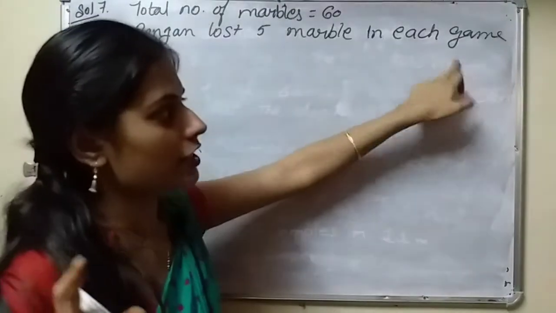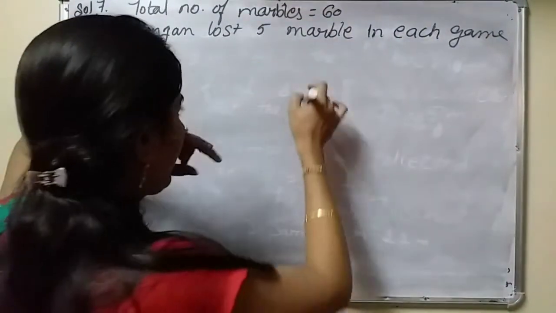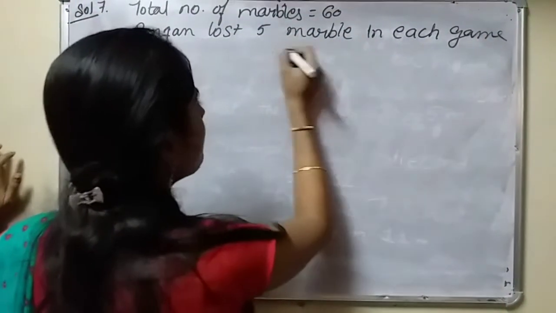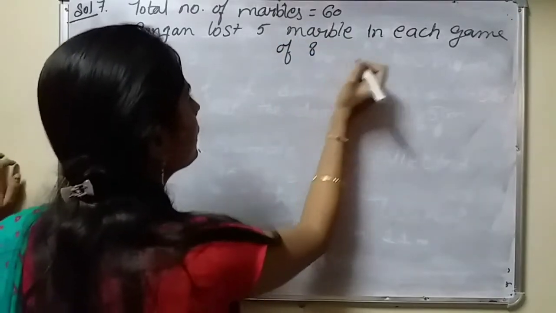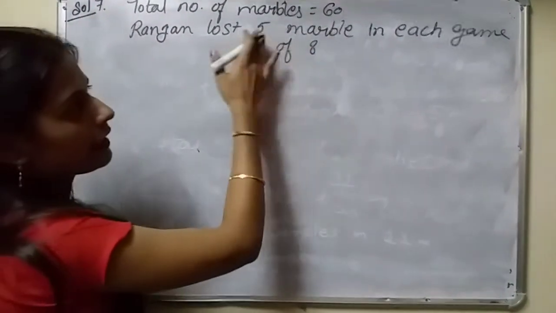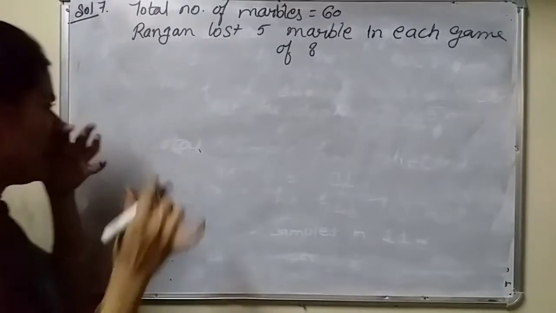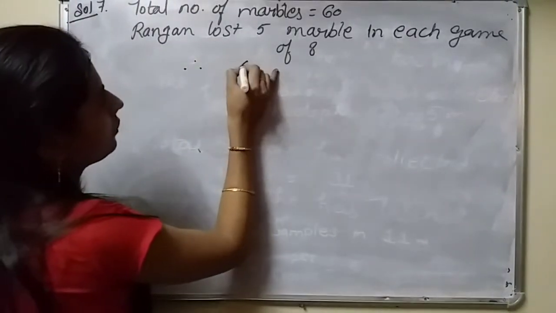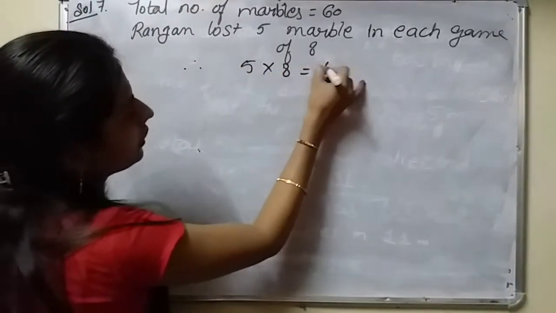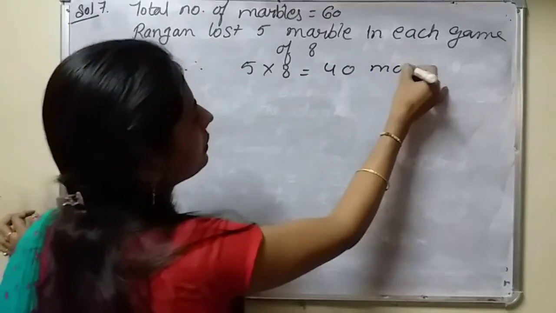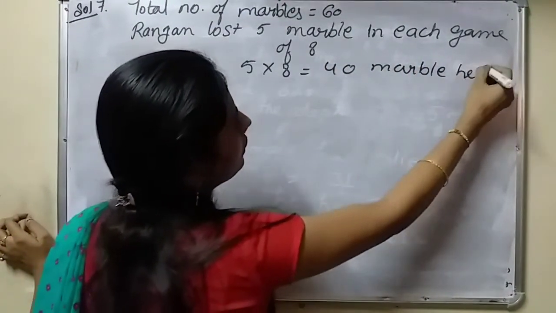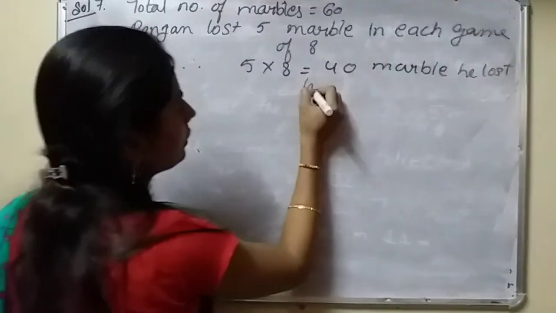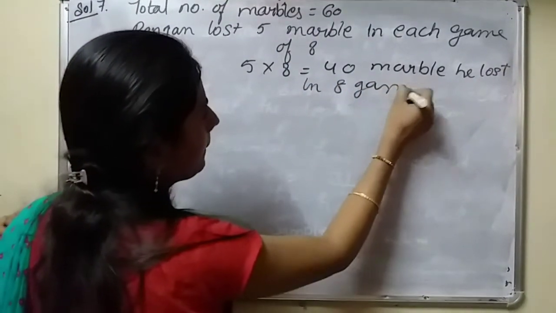In each game of 8, means total games are 8 and he has lost 5 marbles in each game. Therefore, 5 into 8, that is 40 marbles he lost in 8 games.